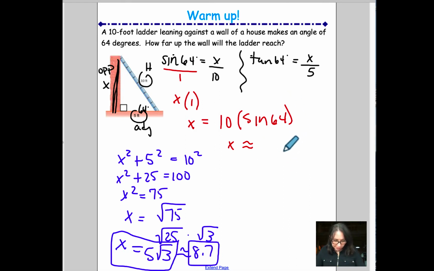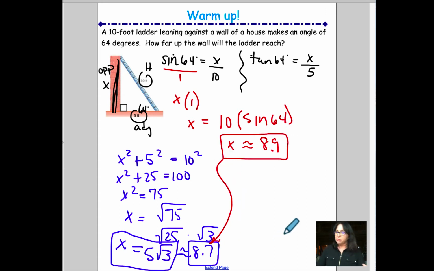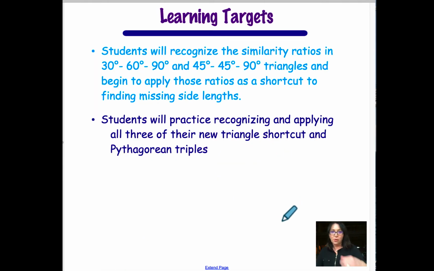So sine of 64 equals about 0.898. And if I multiply by 10, I get 8.9 right around there. So because we rounded off, we're not getting the same value as if I were doing an exact value, but it's pretty darn close.